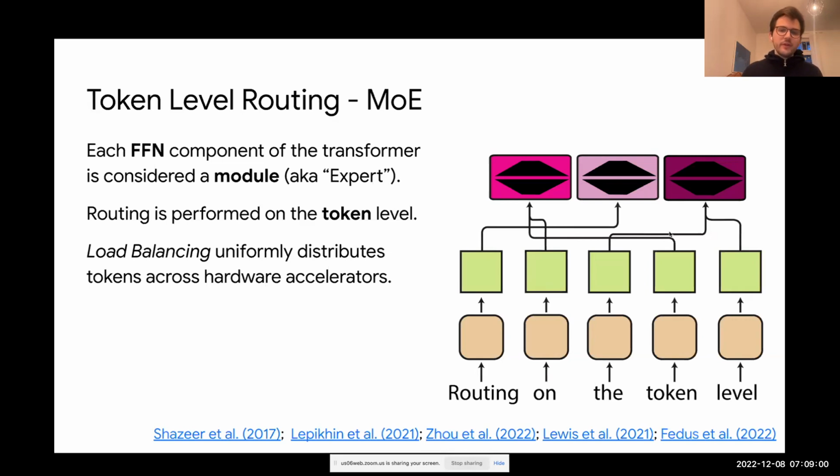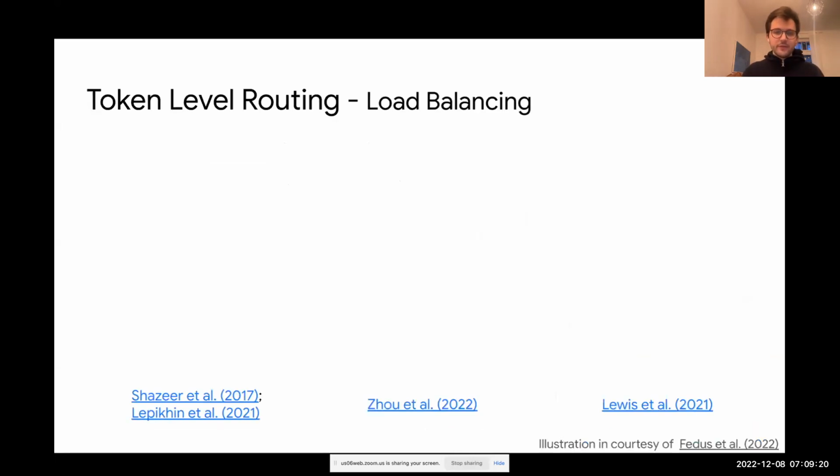If we place these different modules on different hardware accelerators, then ideally every single hardware accelerator should receive the same number of tokens at every single layer, in order for this to be efficiently implemented from a hardware perspective.